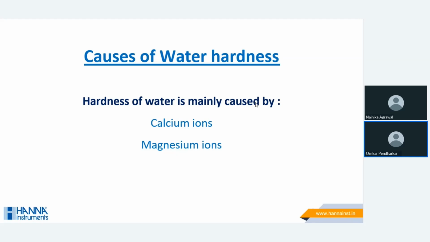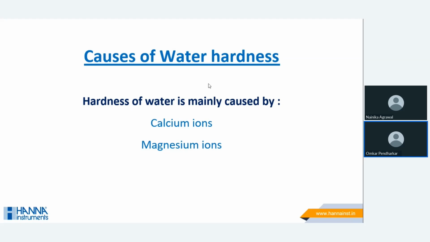There are different types of methods which can be used for the determination of hardness. The basic hardness is determined in milligram per liter or ppm unit. The water is considered as hard water when this limit exceeds 120 ppm.